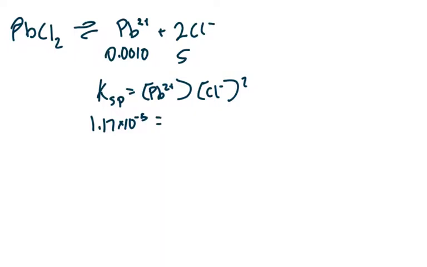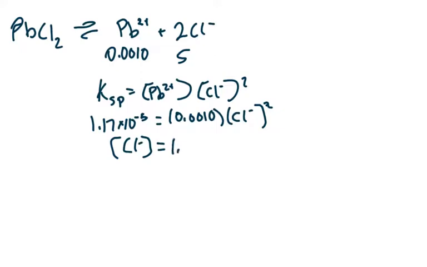That comes from the table a couple slides back, and is equal to 0.0010 times my chloride concentration squared. So my chloride concentration when I'm at equilibrium here is 1.08 times 10 to the minus 1 molar.